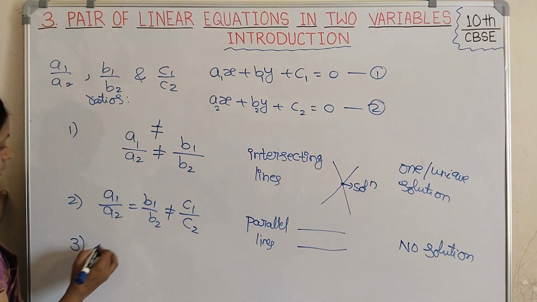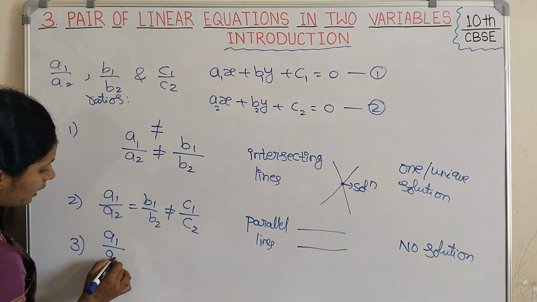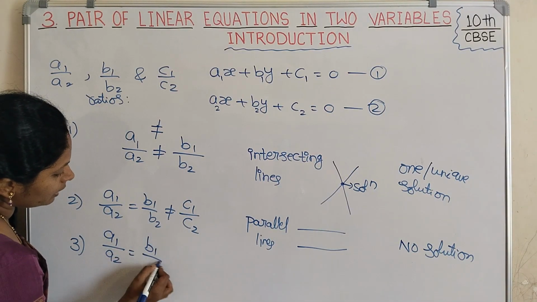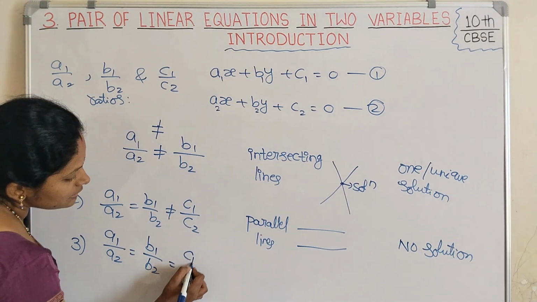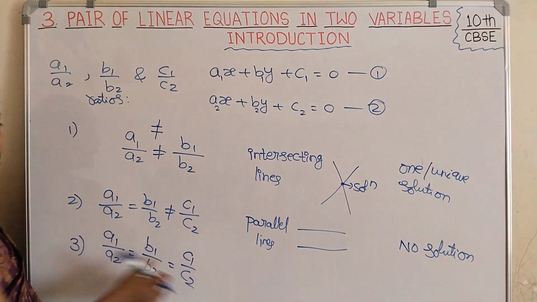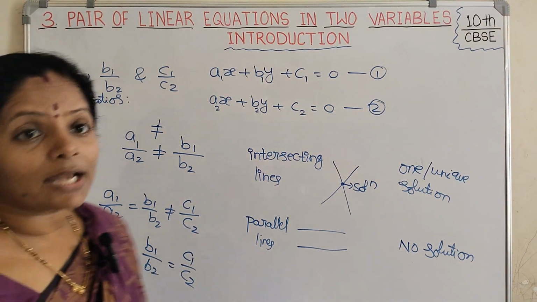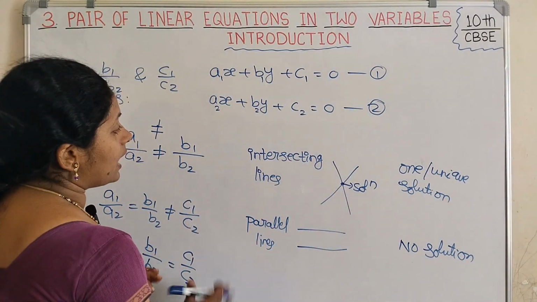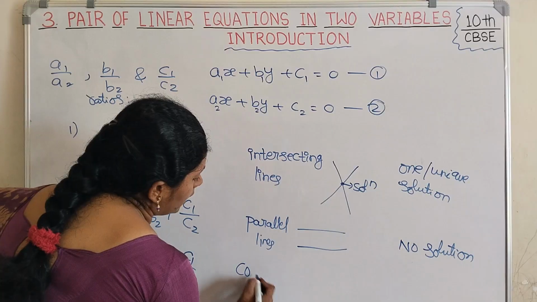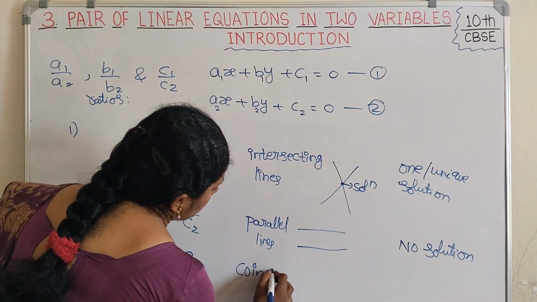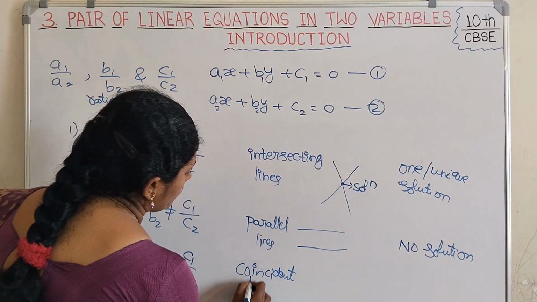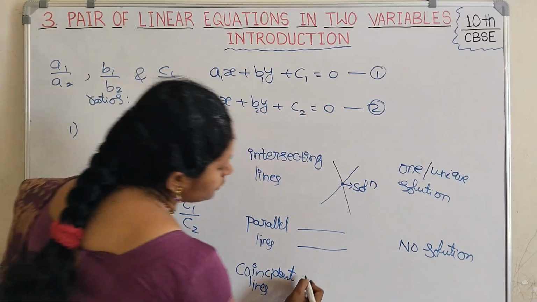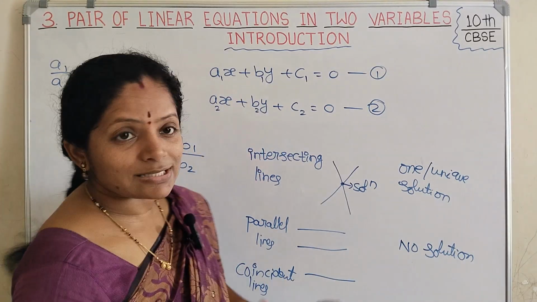Next, if a1 by a2 equals b1 by b2 equals c1 by c2, if all the ratios are equal to each other, then these lines are coincident lines. How will these lines look? Suppose this is a line.